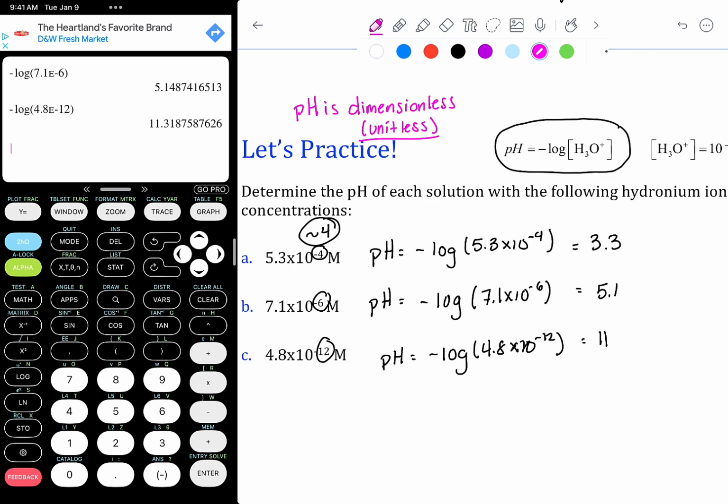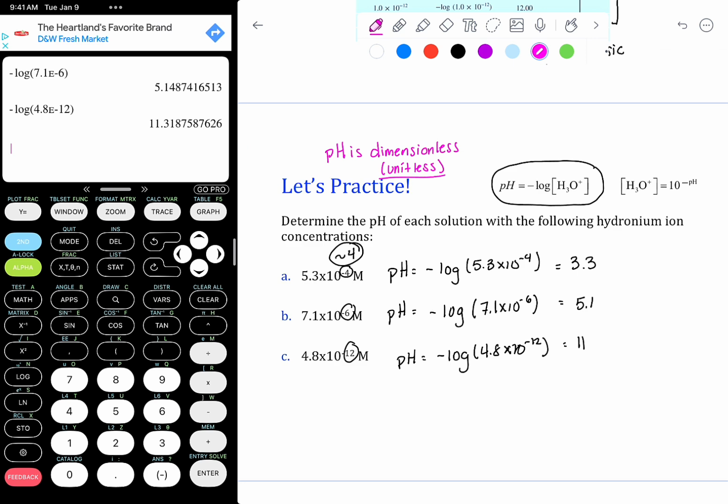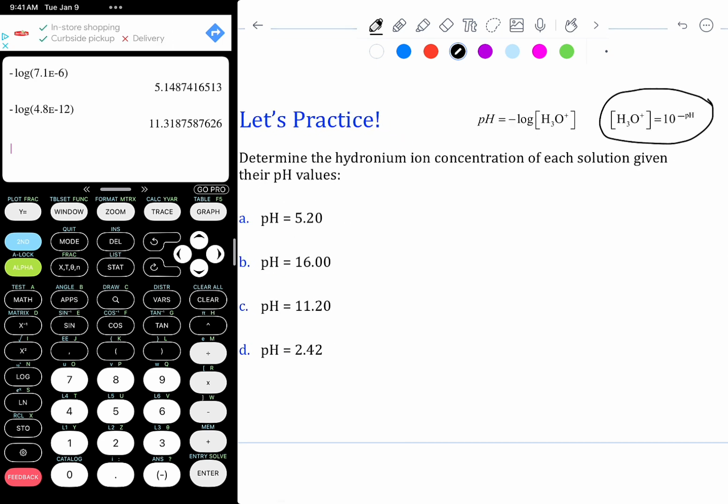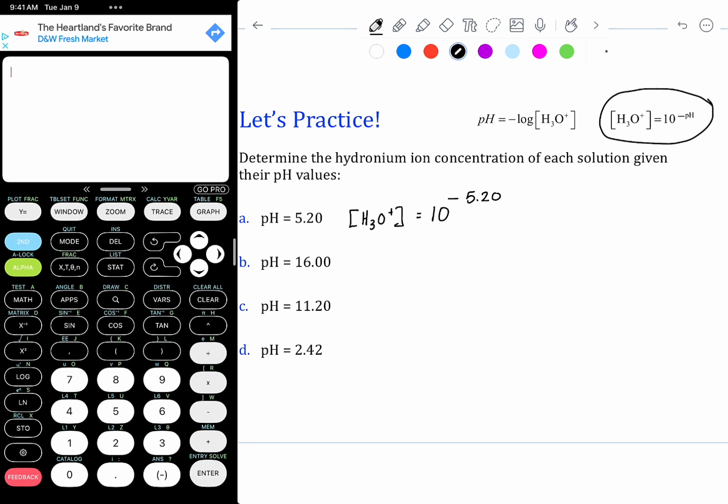Okay, so we've solved for the pH from some concentrations. Now let's do the opposite, and let's use this equation where we're given the pH and we want to find the hydronium ion concentration. So we have some pHs here. We want to plug these into our calculator. I'll do the first one and then you'll solve the rest on your own. If we want the hydronium ion concentration, we take 10 and raise it to the negative pH. Here it's 5.20.